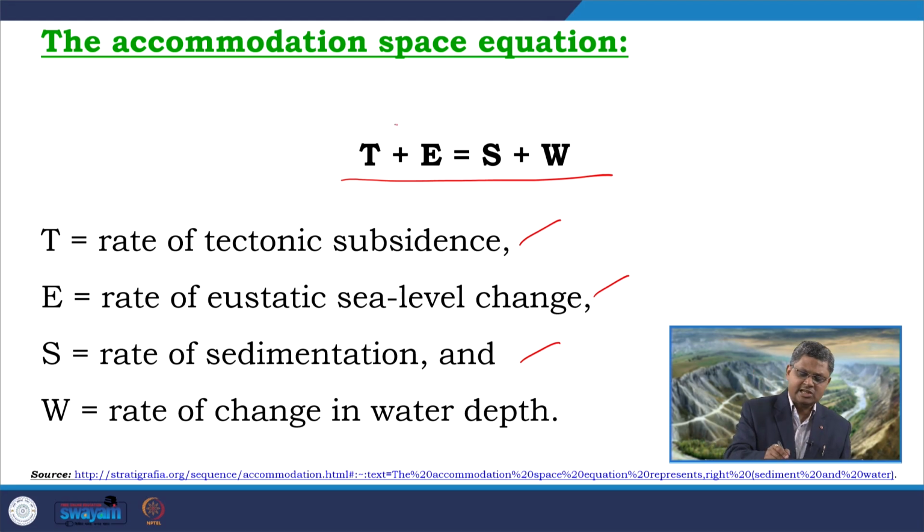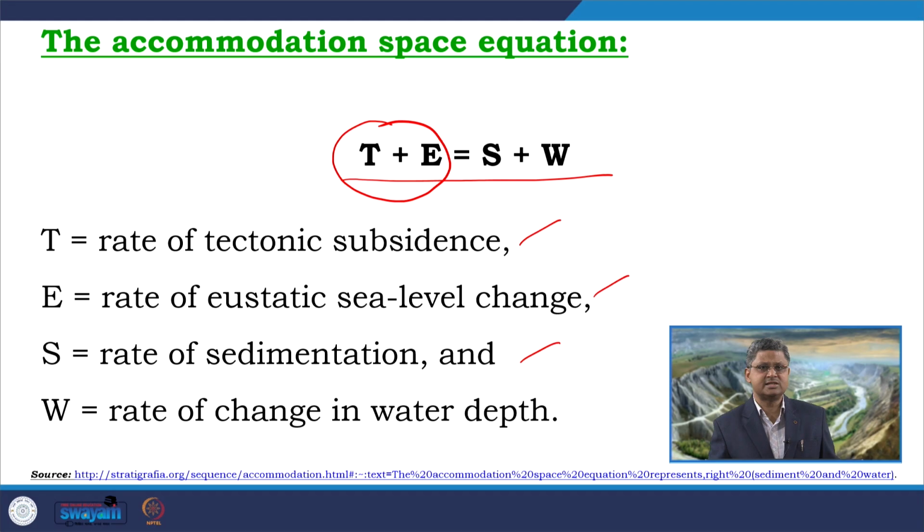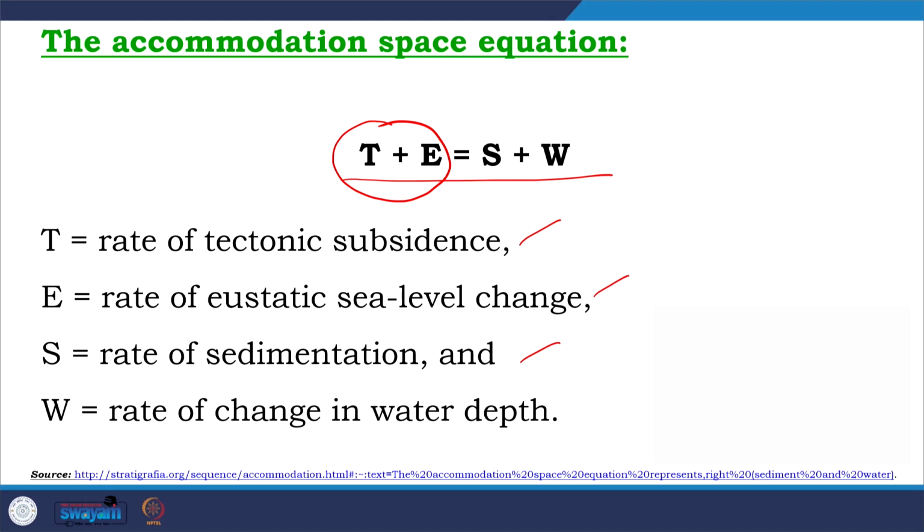In this equation, the left hand side is the tectonic subsidence and eustatic sea level change. These two factors are responsible for the creation or destruction of accommodation space by changing the ocean volume, changing the overall space in that ocean body.